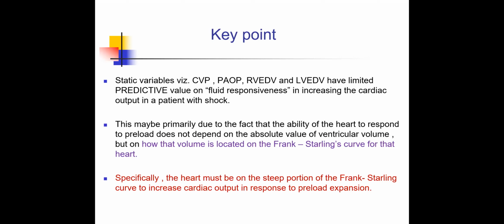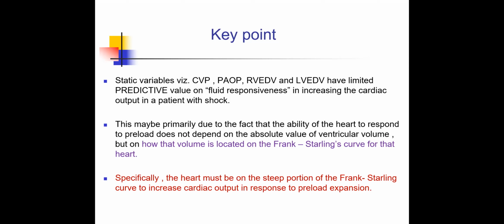The static variables like central venous pressure, pulmonary artery occlusion pressure, right ventricular end-diastolic volume and left ventricular end-diastolic volume all have limited predictive value for fluid responsiveness in a patient with shock. This is primarily because the ability of the heart to respond to preload does not depend on the absolute value of ventricular volume, but on where that volume lies on the Frank-Starling curve for that heart.